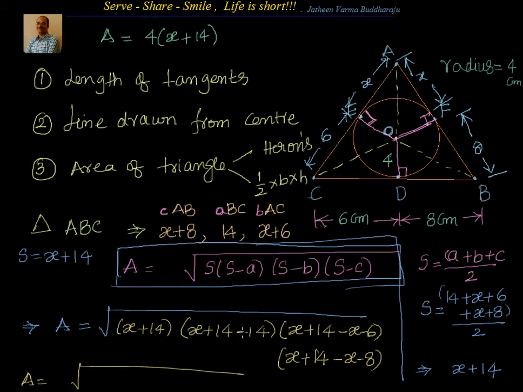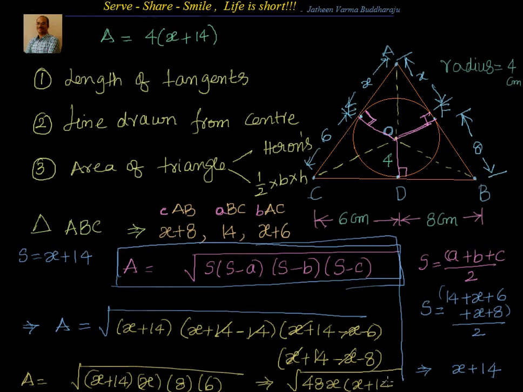If I simplify, 14 will cancel, x will cancel, x will cancel. So I'll have x plus 14 multiplied with x, that multiplied with 8, and that multiplied with 6. So can I say that's nothing but equal to square root of 48x into x plus 14, because 8 times 6 is 48, and we are multiplying with x into x plus 14.